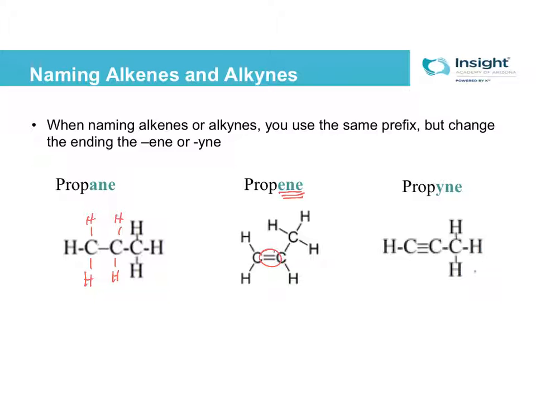And then propyne also has 3 carbons, but the yne ending is for triple bonds. So ane, single bond. Ene, double bond. Yne, triple.